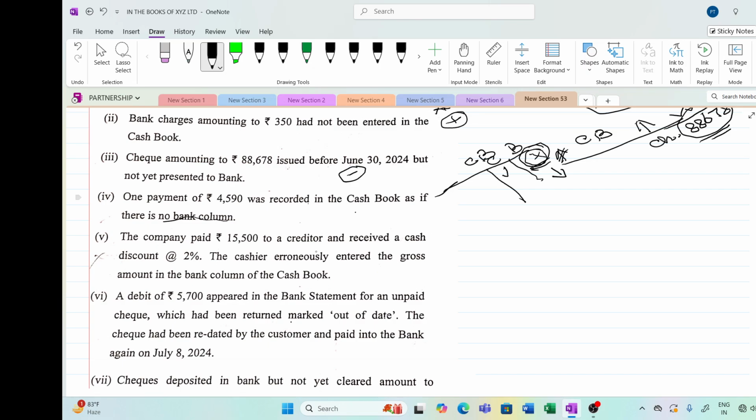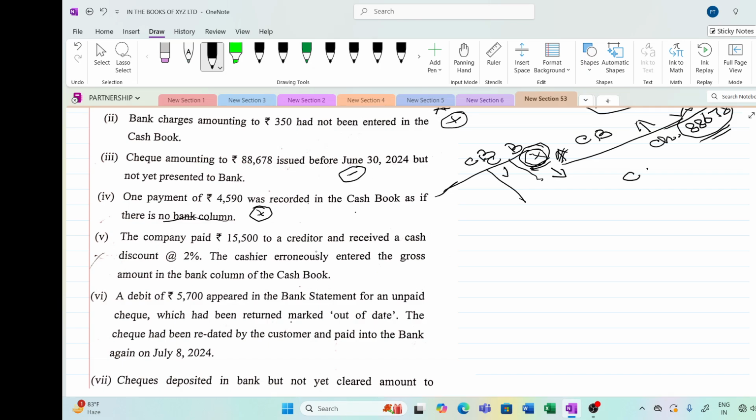But this will not be the case in bank. The bank has received the intimation for making payment and has made the payment. So the moment bank makes the payment, it will increase your overdraft. So this will be added to your overdraft. I hope it's clear.